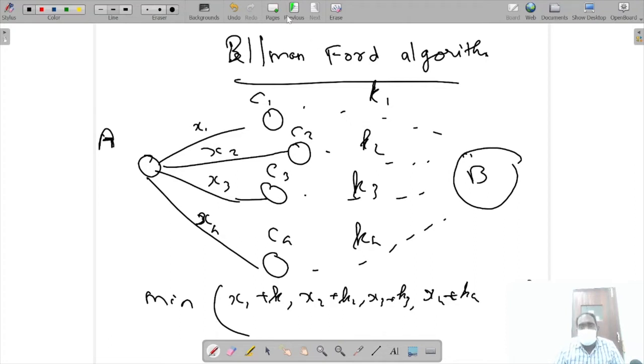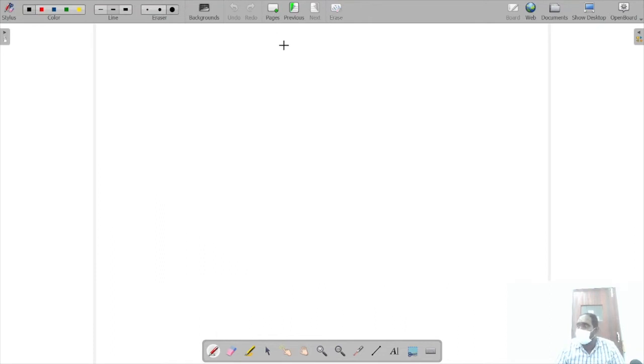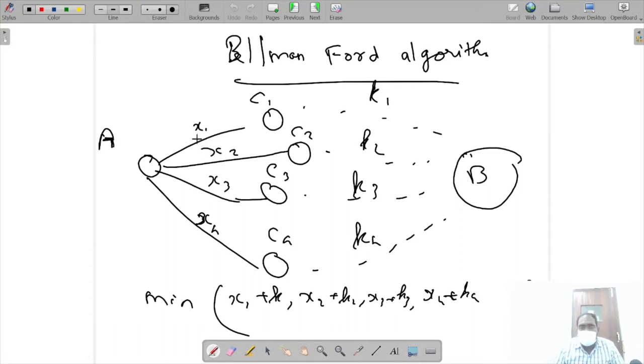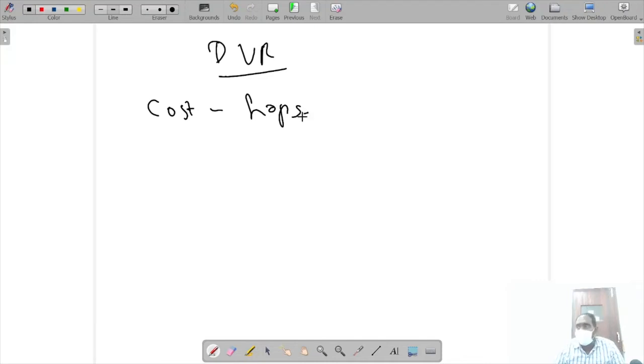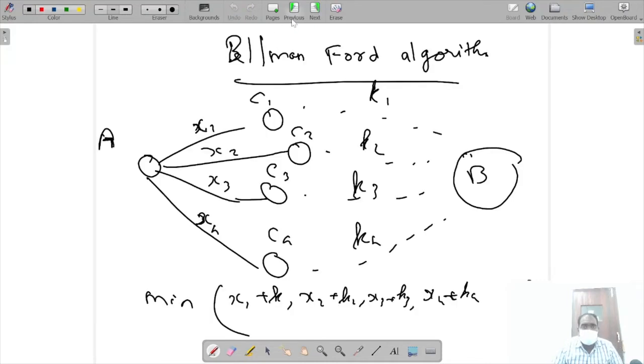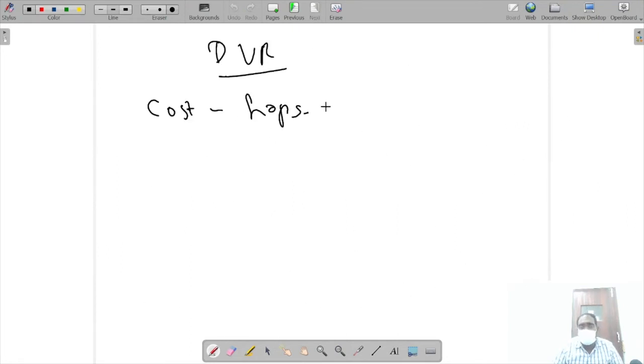When the Bellman Ford algorithm is used for distance vector routing, we should take care of a few things. In the previous Bellman Ford algorithm, we said the cost is x1, right? When it is used for distance vector routing, the cost is hops. If the packet jumps from one node to another, it is called a hop, and each hop is of cost 1.